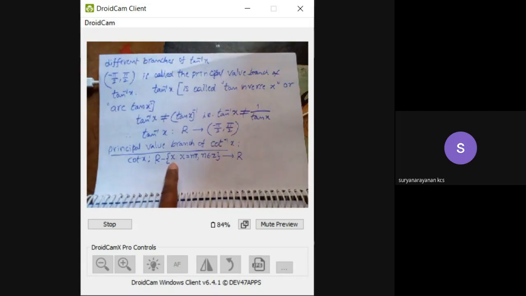This is the domain of cot x, and this is the range of cot x. But in this case, if you take this set as the domain, it is not bijective. That is why here also we divide the number line.